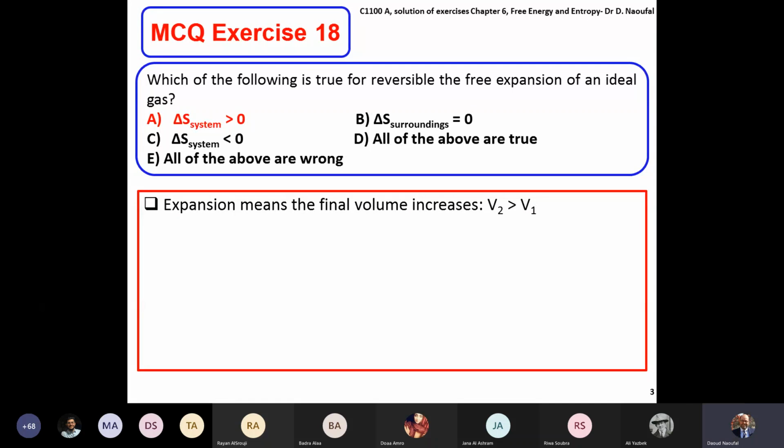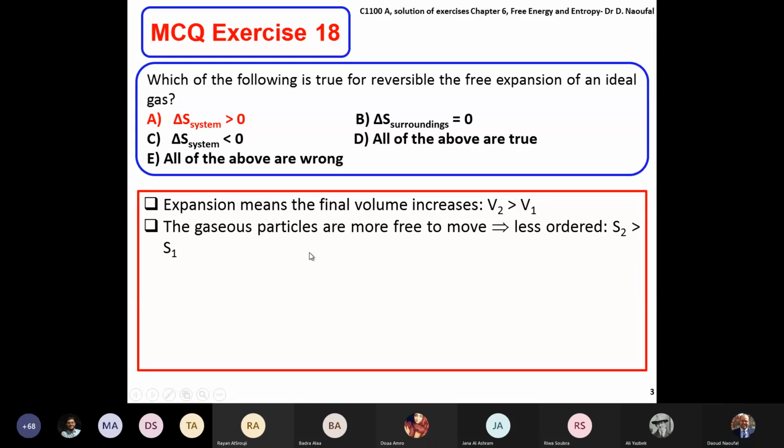Expansion is a physical transformation without a change of state, where we increase the final volume, so V2 is greater than V1. And when the volume increases, the gaseous particles inside the container are more free to move. Their motion is easier.